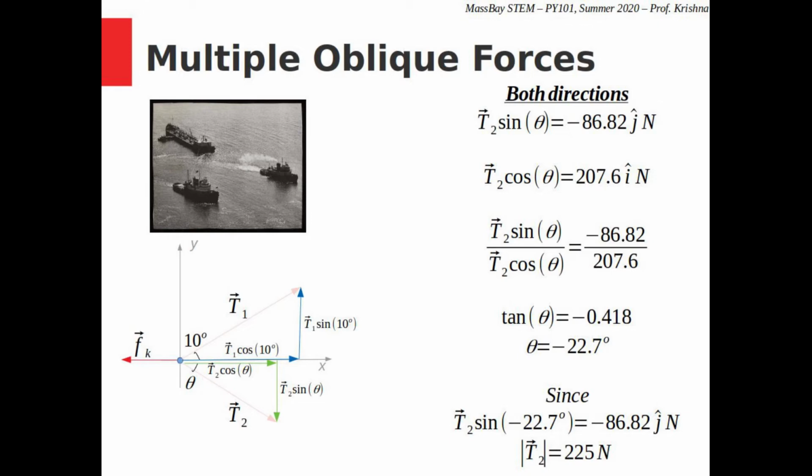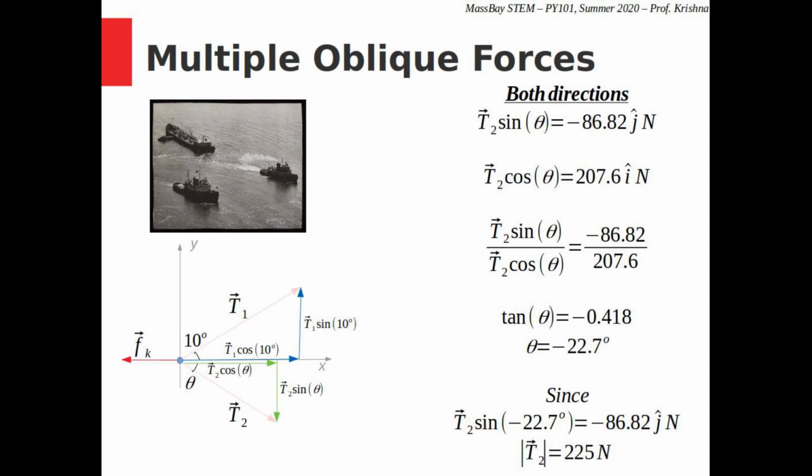If we were to divide the expression from the y direction by the expression in the x direction, the T2's would cancel out, and we would be left with sine theta over cos theta. But we can now apply a trigonometric identity. Sine theta over cos theta equals tan theta.